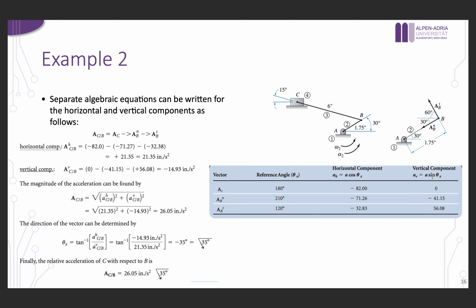Okay, the horizontal and vertical component projections. Applying these two formulas, we get the projection of the relative acceleration on the horizontal part and the vertical part, and we can get the magnitude and also the orientation. So the relative acceleration of C with respect to B is given by that magnitude and orientation.